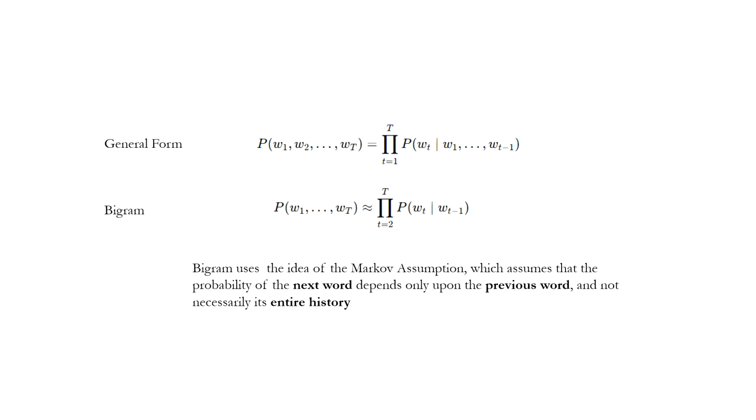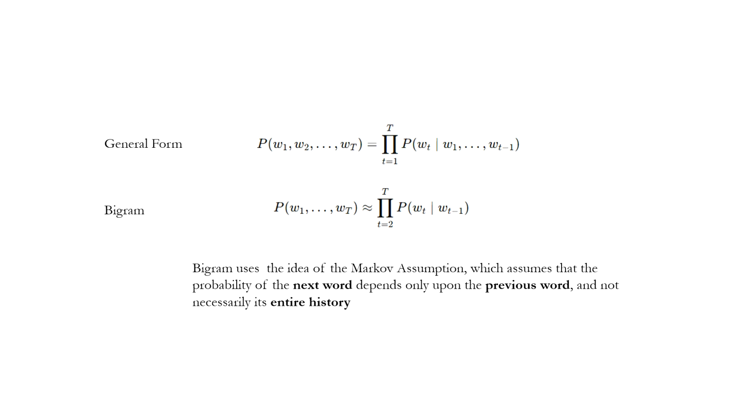So bigram uses the idea of the Markov assumption, which assumes that the probability of the next word depends only upon the previous word and not necessarily its entire history. What that basically means is that the previous word captures most of the information from its previous history.